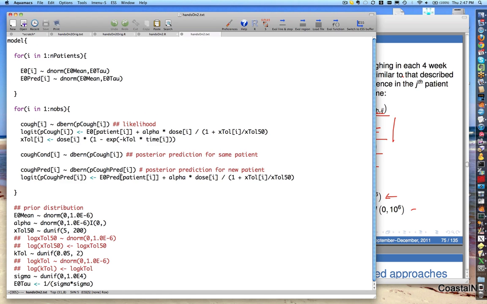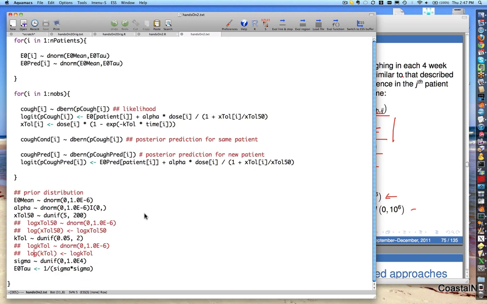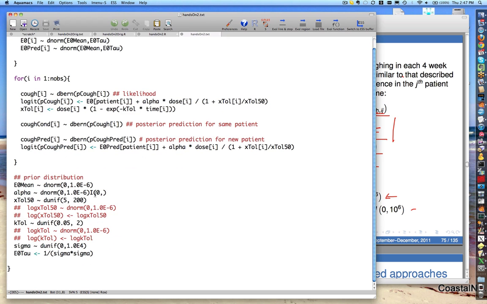So the basic description of the model is unchanged. It's the prior distributions that have been altered. In particular, I've actually left the original priors in there and just commented them out. But now I've replaced that fairly flat prior on the log of XTOL50 with a uniform for XTOL50 that goes from 5 to 20.